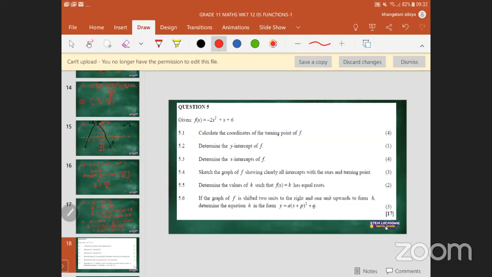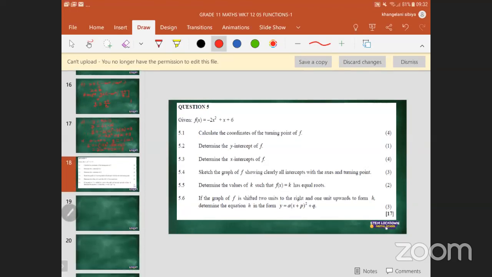Then the question says here, calculate the coordinate of the turning point, X-intercept, Y-intercept, sketch the graph, determine the values of K such that f of x is equal to K has equal roots, and the graph is shifted. Okay, but this is the same thing. Even you can see that this is minus 2x squared plus x, our A is still negative, right?